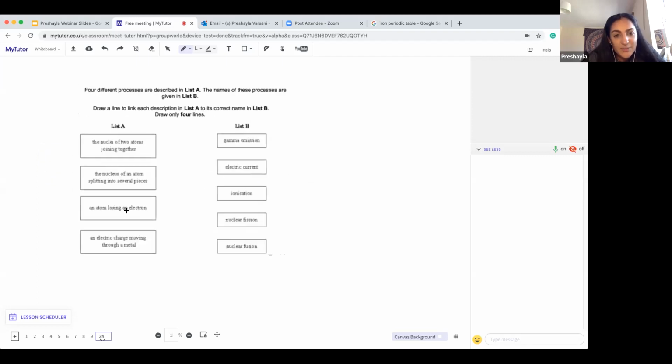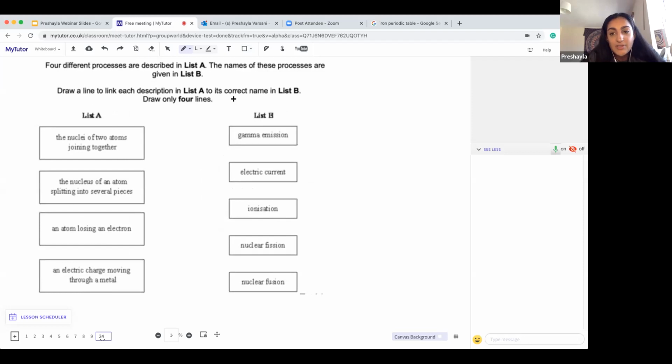Okay, so this one is quite a good question because it will help us to consolidate all the key terminology which we've learned. So on the left, you have the definition, and on the right, you have the key term. So first of all, we have gamma emission, then we have electric current, then we have ionization, nuclear fission, and nuclear fusion. You need to join all these four for the 5 on the right.